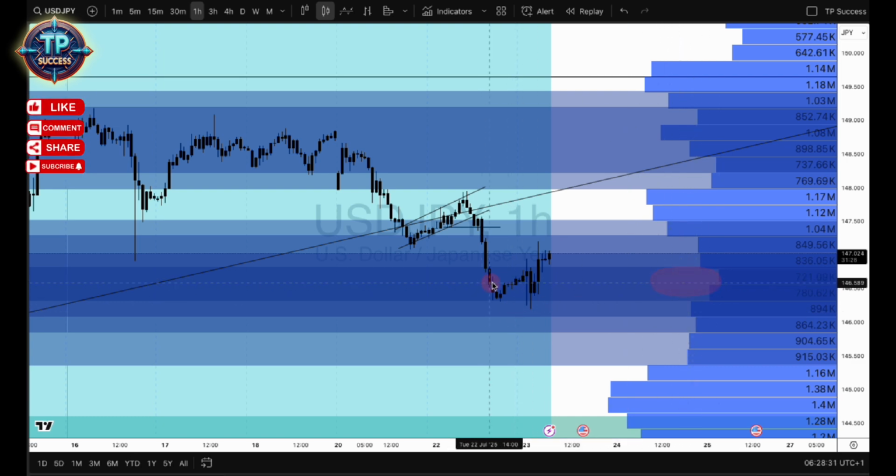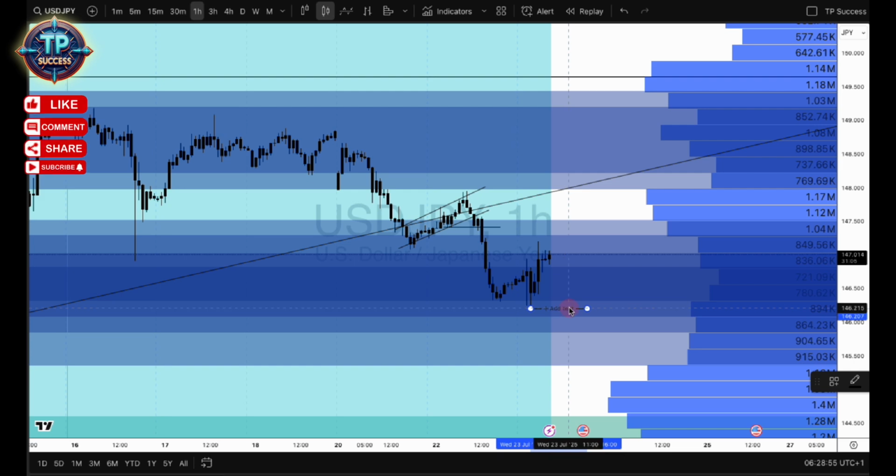It's creating some form of a channel. So we could see if price is going to break down or if it's going to push up. And what we would want to see, if this is indeed a channel, is we want to put a little level down here. We want to observe this level over here, right?